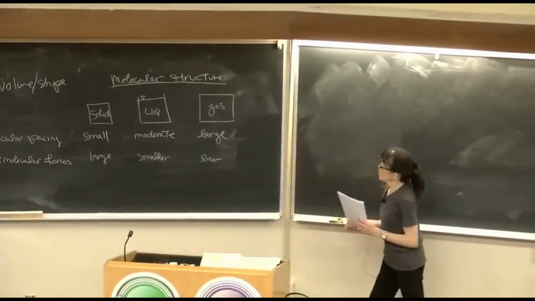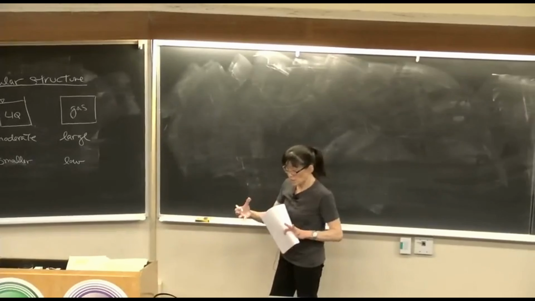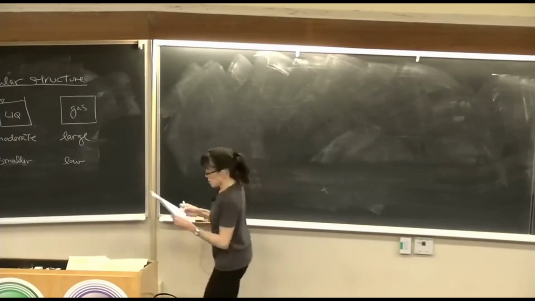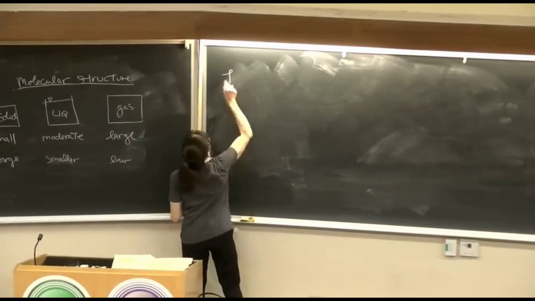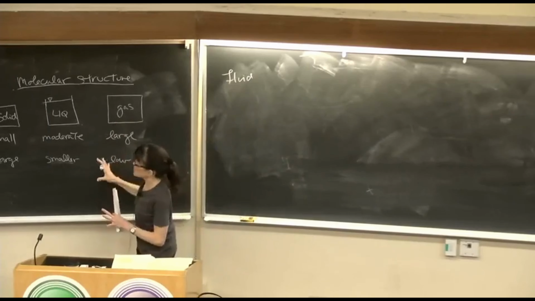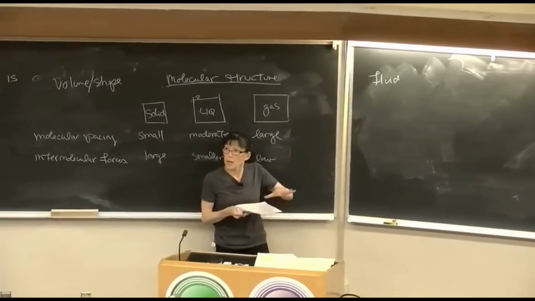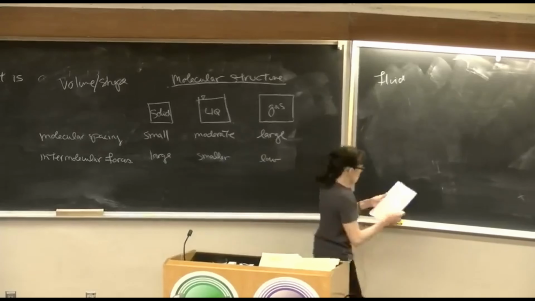But now, for the purpose of our analysis and to be more rigorous, the distinction between fluids and solids is their response to an applied shear. So what is a fluid?